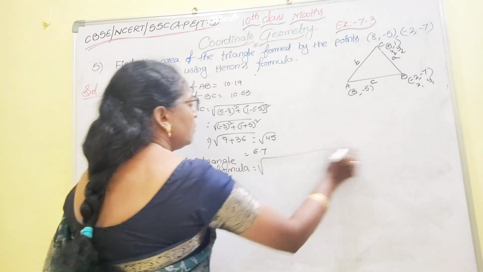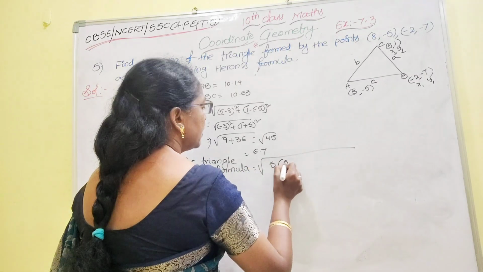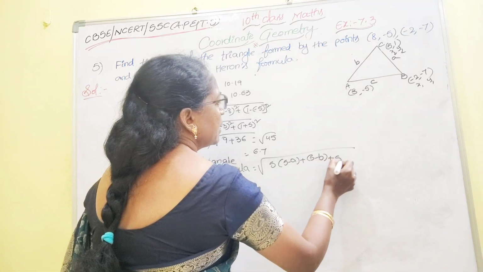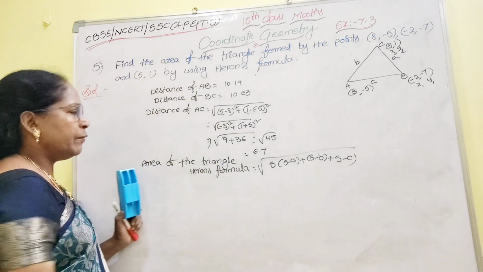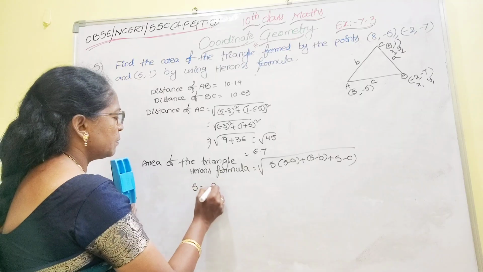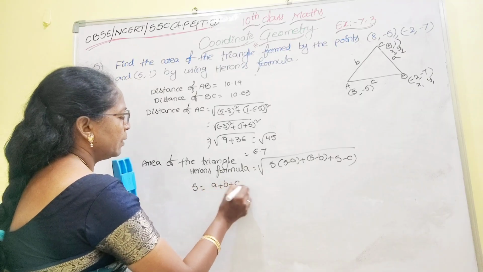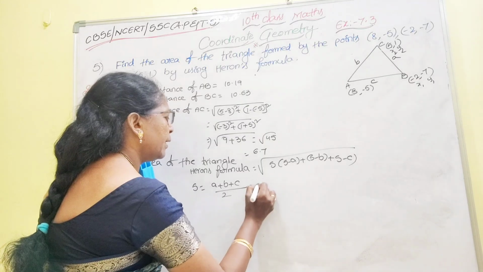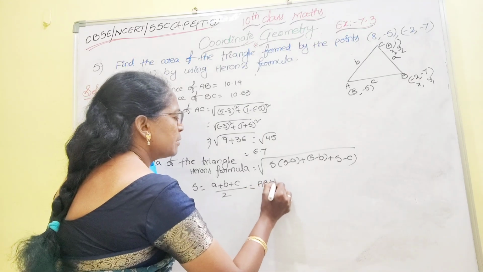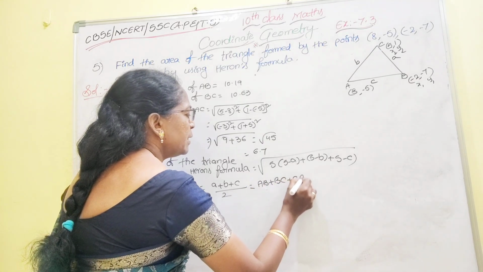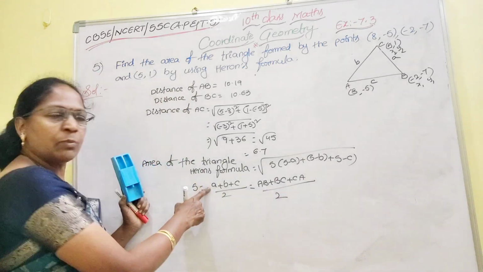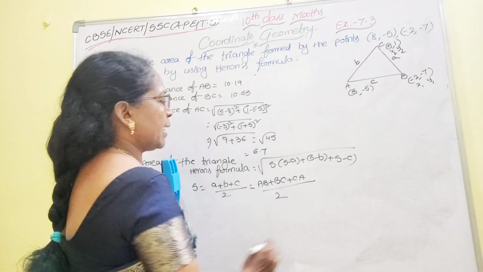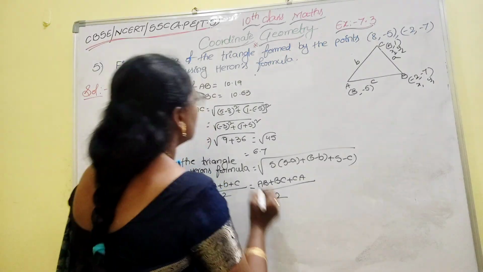That equals the square root of S into S minus a into S minus b into S minus c, where S equals a plus b plus c by 2, where small a is nothing but BC. Directly you can write AB plus BC plus CA distance divided by 2, where small a, b, c are the distances of these 3 sides. So directly you can substitute the values here.